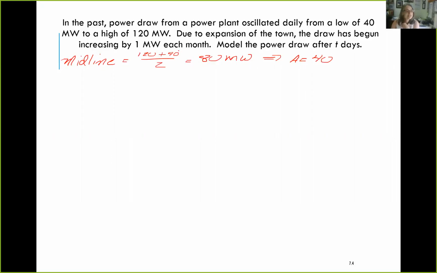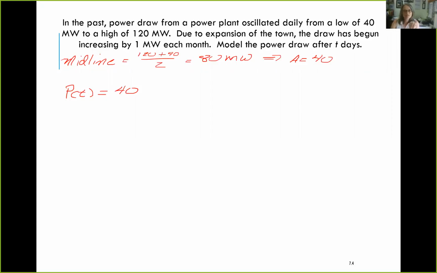This increasing 1 megawatt each month indicates a linear increase, a linear midline shift. So our power usage is going to be our amplitude, which is 40, times sine or cosine. They don't tell us whether our day begins with a high or with a low.